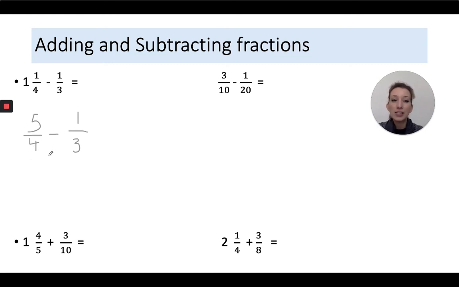But if they're fluent with a lot of their tables, they should be able to predict. So a child might just go down with their routine: 4, 8, 12, okay, 3, 6, 9, 12. Okay, so we've got our lowest common multiple.